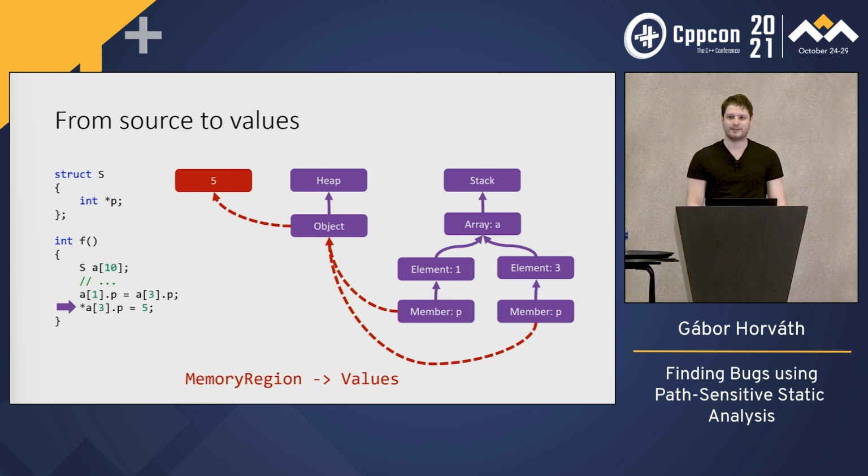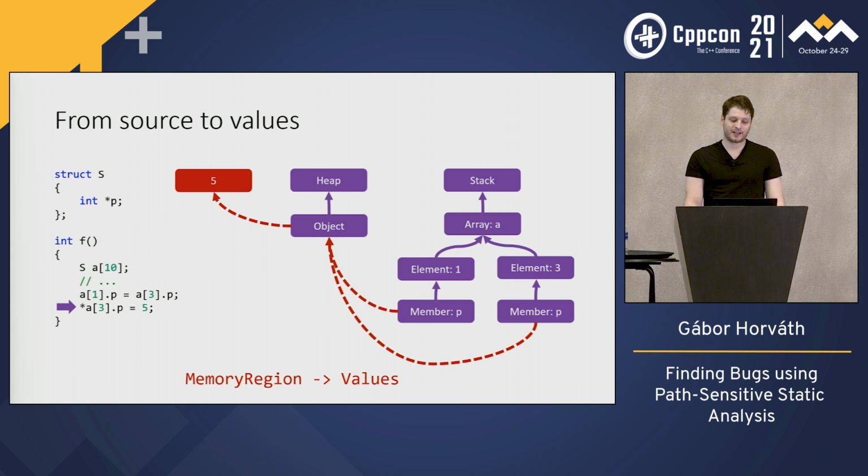The interesting part of this mapping from memory locations to values is that memory locations themselves can be values because the value of a pointer is a memory location. So in this case, both the P of the element with the index 1 and the P for the element with the index 3 point to the same object, and that object has the value 5.